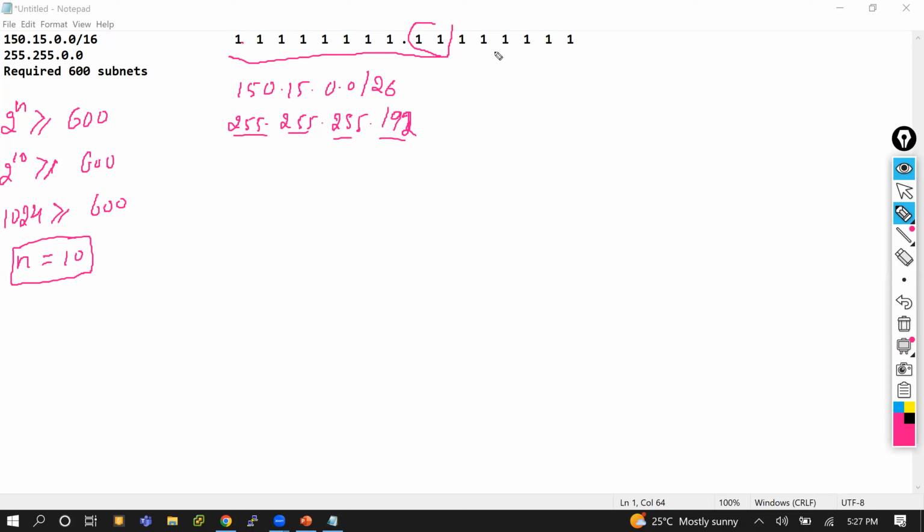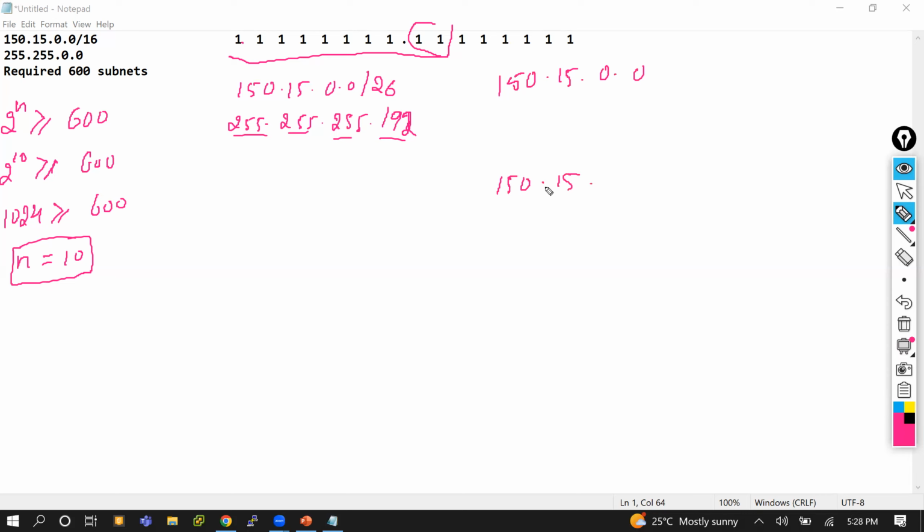Now tell me which is the first network. First network will be from 0 to 63 in the last octet. 150.15.0.0 is the first network. Now, which is the second network? It will be plus 64: 150.15.0.64.